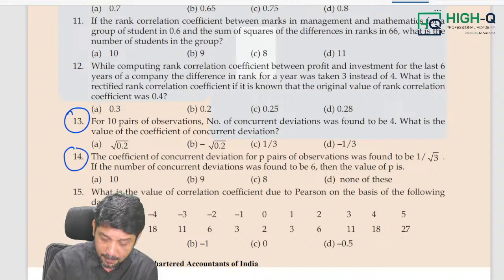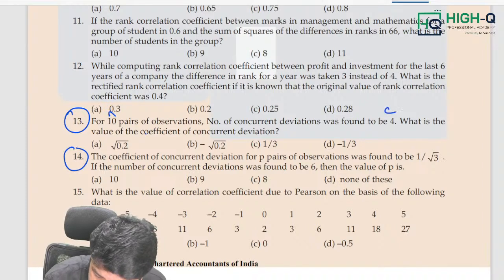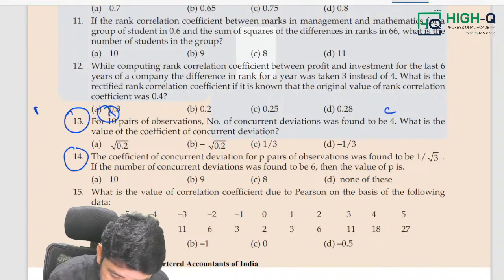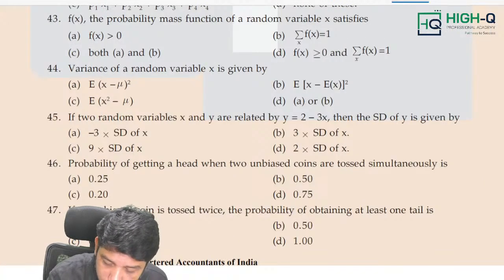For 10 pairs of observations, the number of concurrent deviations is found to be 4. That means n is equal to 10 and C is equal to 4. So if n is 10, then m is equal to 9. Concurrent deviation method, what is the formula we need to use?